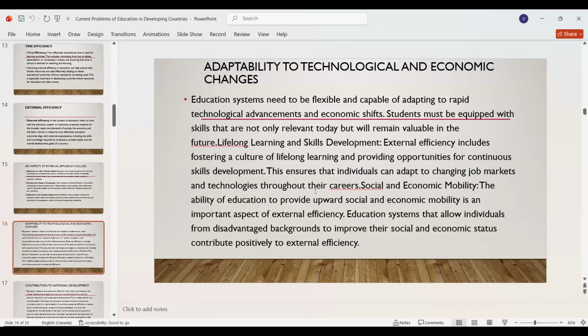So 25 they will select first, and they will keep another 25 for the reserves. If these 25 are not willing to come or not join, they will take from the reserve side.